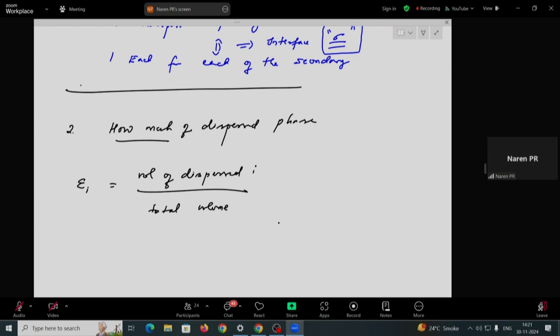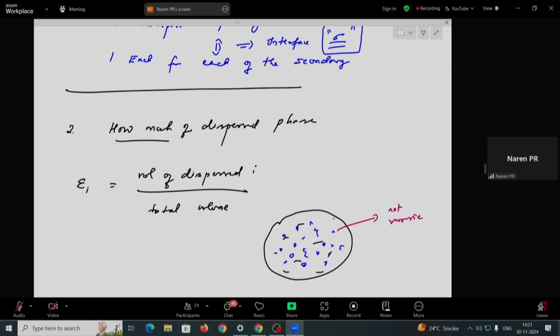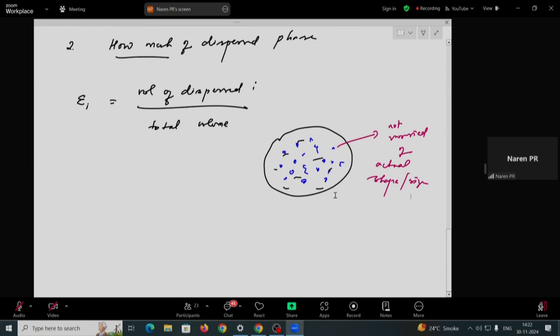Suppose you have a system which has a primary phase, and suppose there is a secondary phase, which I am showing in blue color. Now, what I'm drawing is not the actual shape. We are not worried about actual shape or size, because you cannot see the shape or size in the EE model.